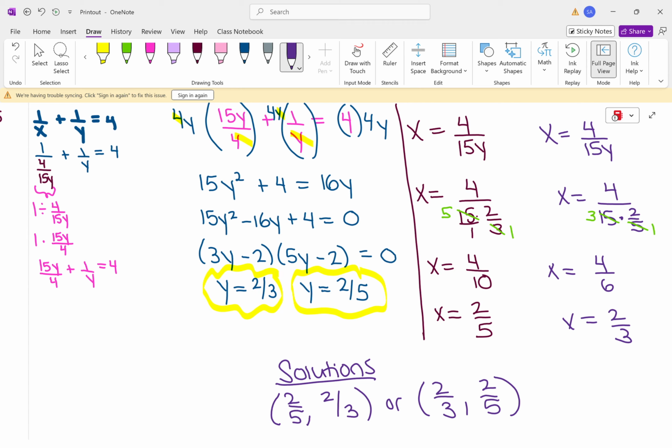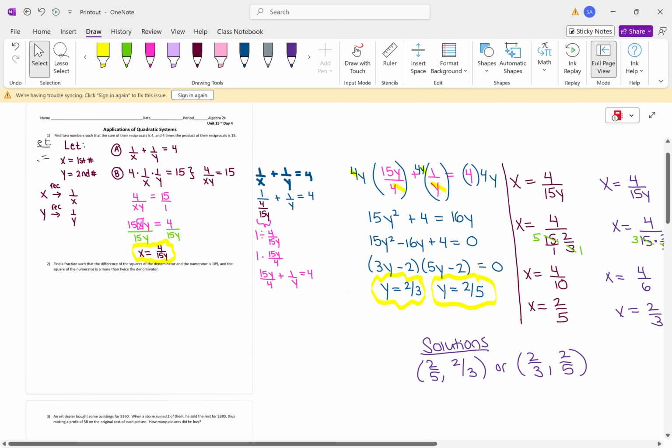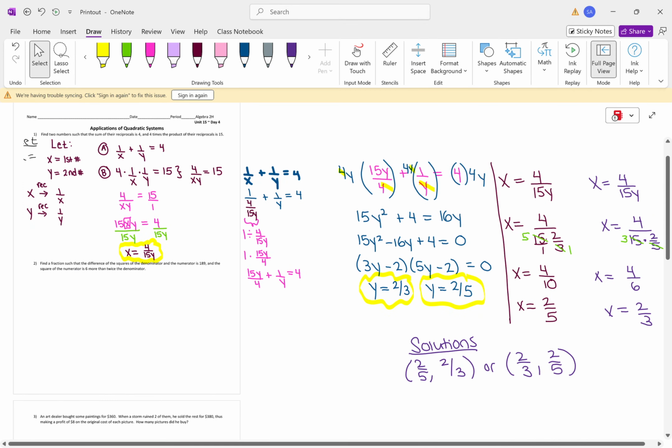And if x is 2/3, then y has to be 2/5. Or we could look at it, one number will be 2/5 and the other number will be 2/3. All right, so that's the first problem. I guess I didn't leave much room.